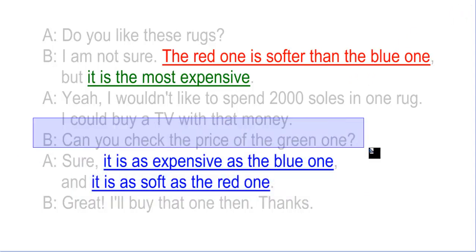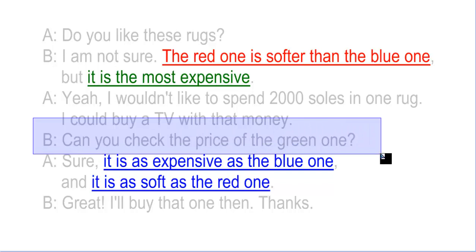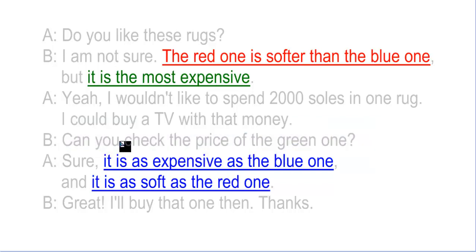Look, can you check the price of the green one? And your friend tells you, "Sure." And the friend checks, and then he says, "It is as expensive as the blue one, and it is as soft as the red one. So it's a good price, and it is equally soft." So you see, in this case, you have a comparison between two objects.